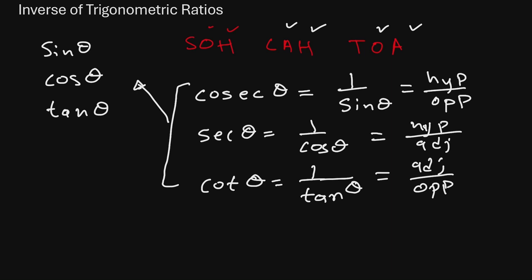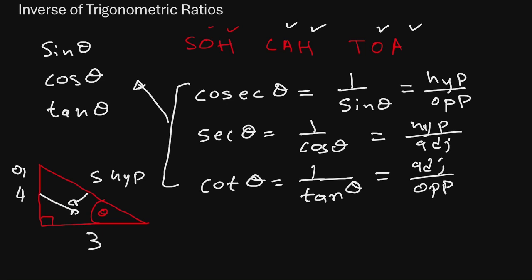So let's say, for example, we have a triangle, and in this triangle, we have the angle theta here, and they say this side is 5, this side is 4, and this side is 3. Remember, you have to be able to label your triangle first. This is going to be our hypotenuse because it's looking at 90. This one is looking at the angle, so it's going to be opposite. And this one is next to the angle, so it's going to be adjacent.